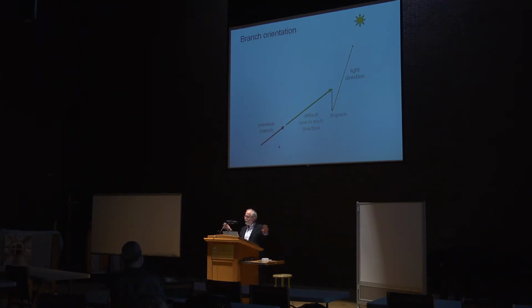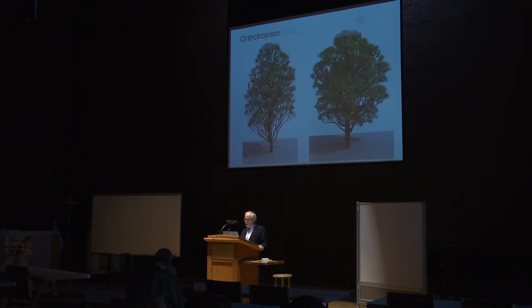Simple branches, terminal branches are so flexible that they hang. But there also can be active redirection, either downwards or most often upwards. So this results in an adjusted direction, and then from one year to another we have this kind of adjustment, which, as it turns out, has a very big impact on form.